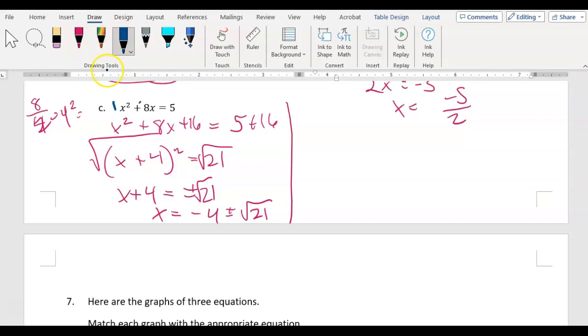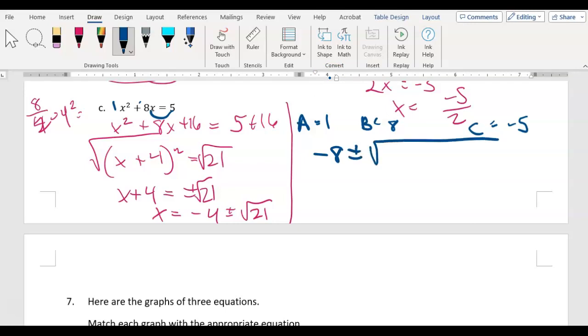We have 1, 8, and 5. This would be negative 5. So a equals 1, b equals 8, and c equals negative 5, because I'm going to move this to the other side to make it equal to 0. So negative 8 plus or minus the square root of 8 squared minus 4 times a times c, all over 2 times a.